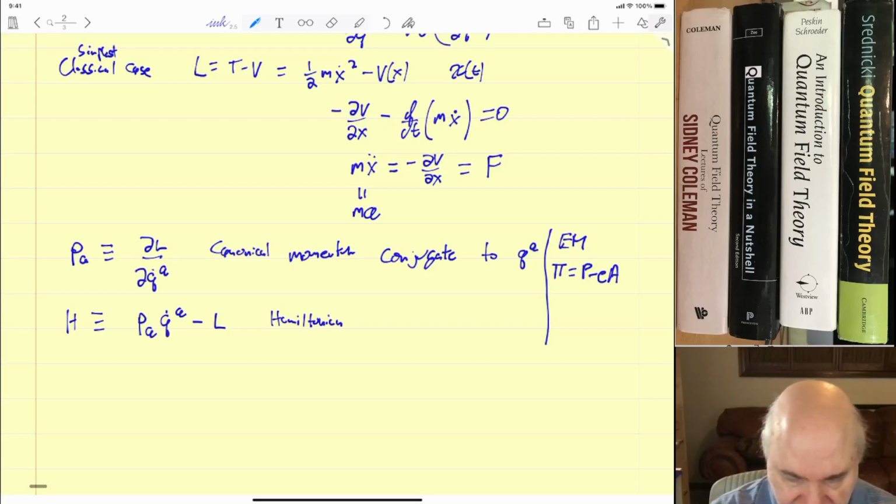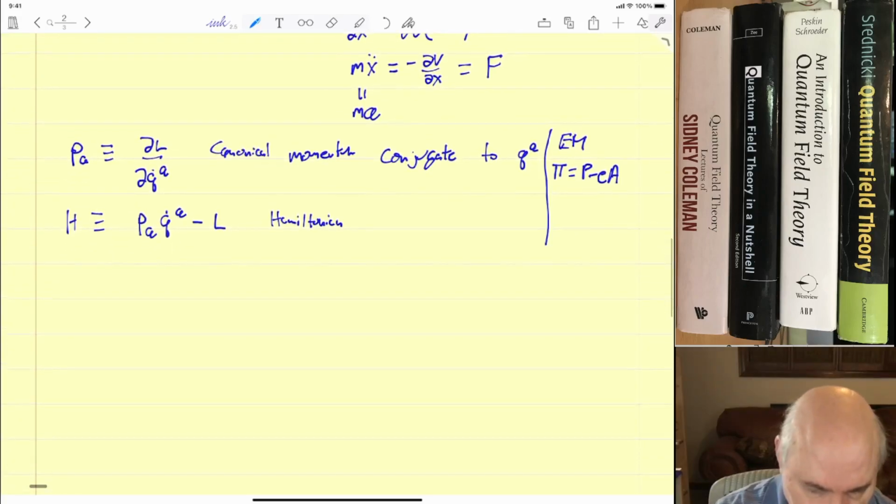And the way to get Hamilton's equations of motion is, eventually we're going to change variables from Q and Q dot to QA and PA as our independent variables.